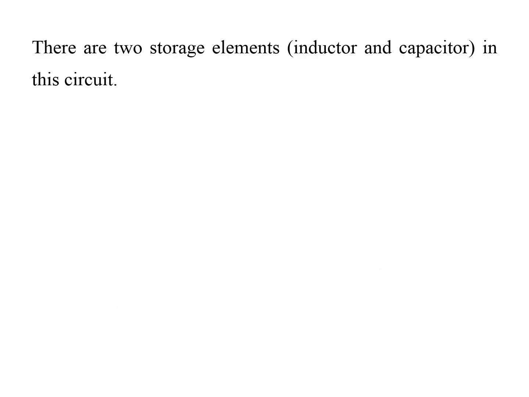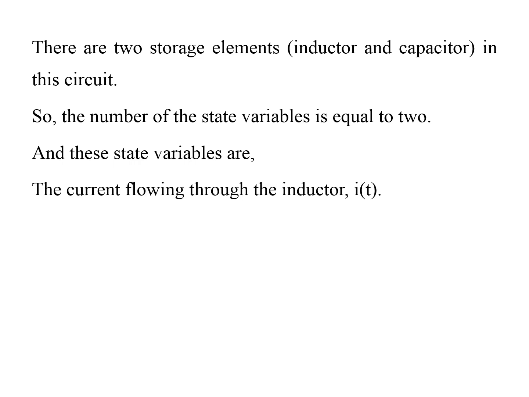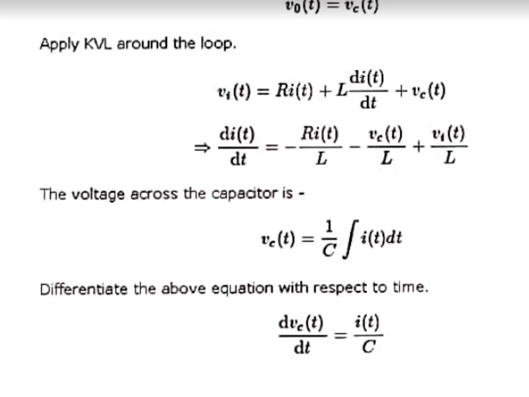So the number of state variables is 2: current flowing through the inductor, I of t, and voltage across the capacitor, Vc of t. From the circuit, the output voltage is nothing but the voltage across the capacitor. So V naught of t is equal to Vc of t.